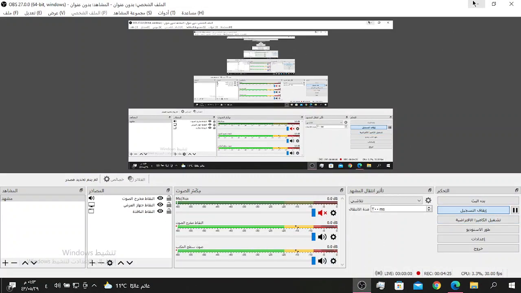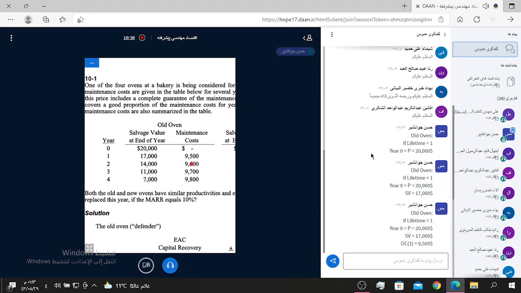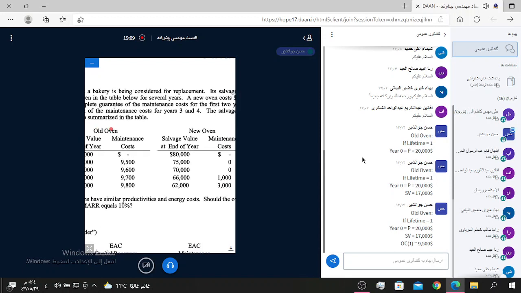Now we can find UAC1 equal to P times (A/P, I%, 1).